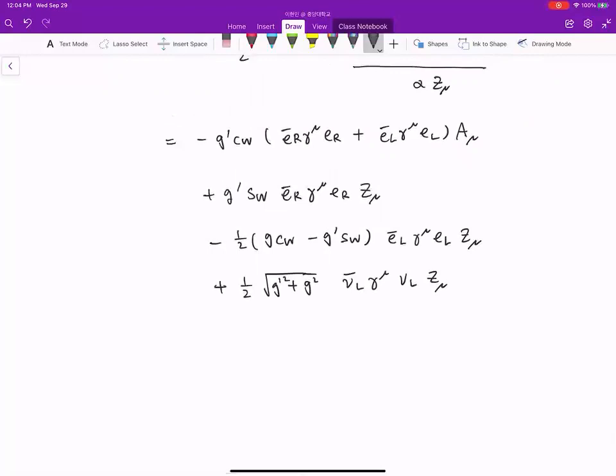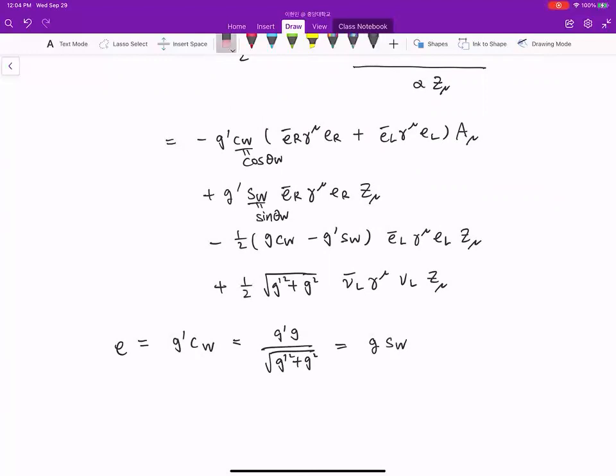Because of that, the electromagnetic charge is g prime times c_W. The c_W is the shortened notation for cosine theta W, and s_W is sine theta W. So then you can write explicitly g prime times c_W this way. Then this is nothing but g times sine W.